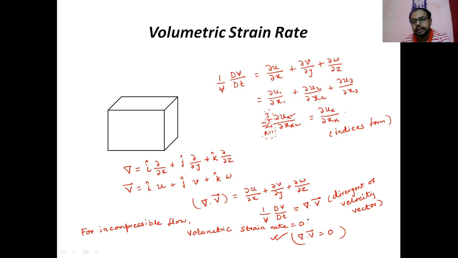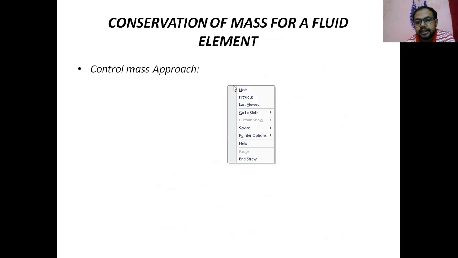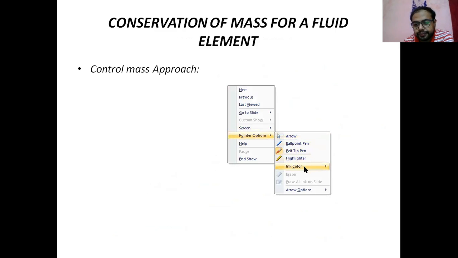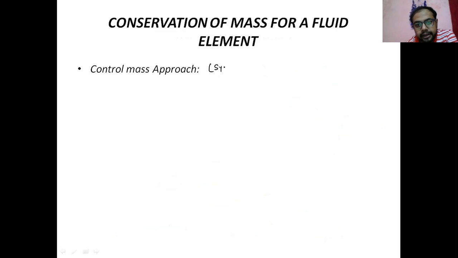Now we'll see the continuity equation here, conservation of mass. So mass is conserved, we know. Over a system, the mass is conserved. So first approach we are going to take is the system approach.